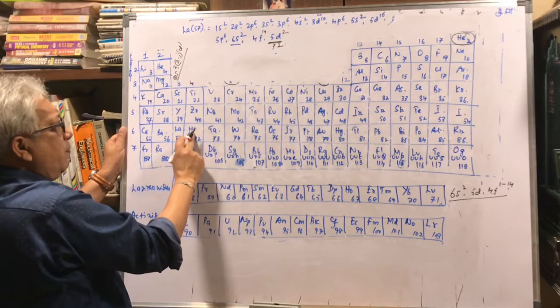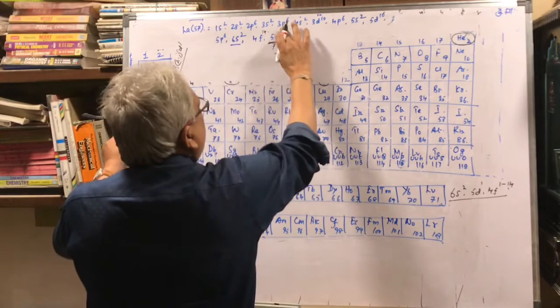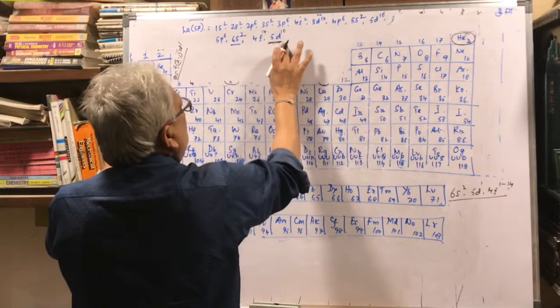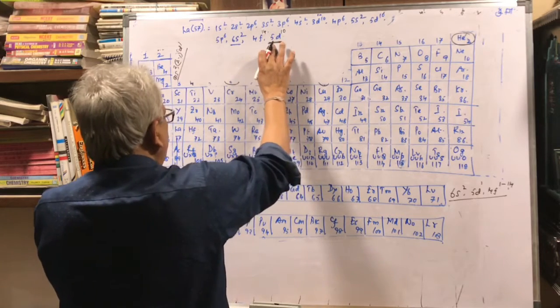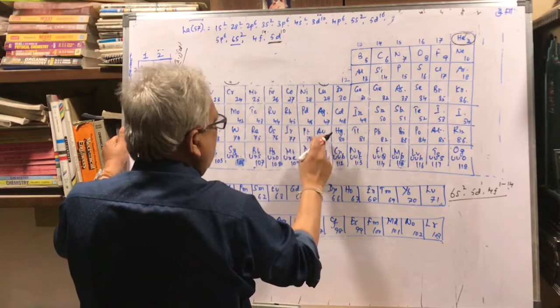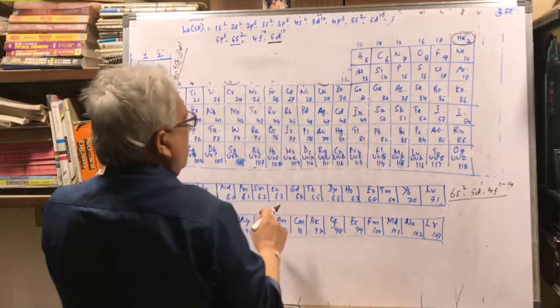Is it okay, children? Then this goes on, up to 5d10. When it becomes 5d10, this will become 72, 73, 74, 75, 76, 77, 78, 79, 80. That is mercury, 80.